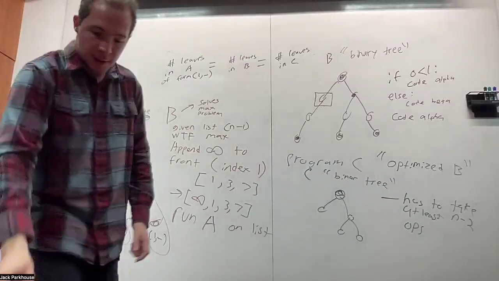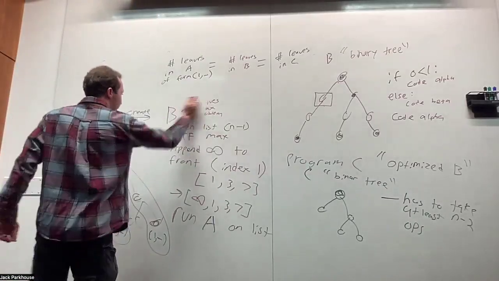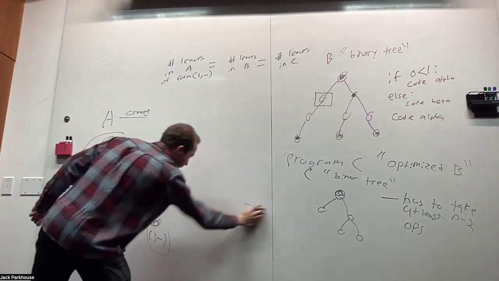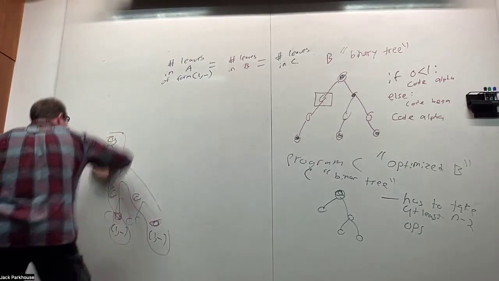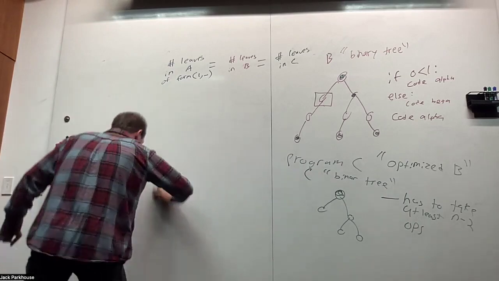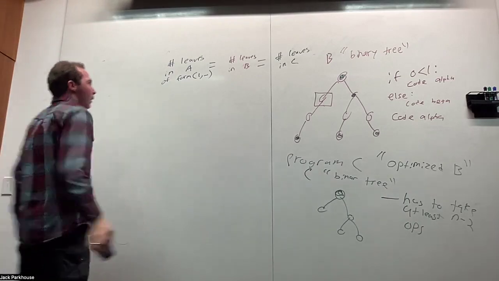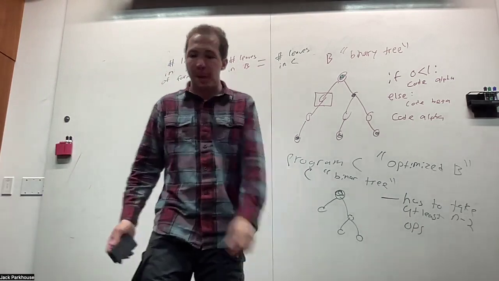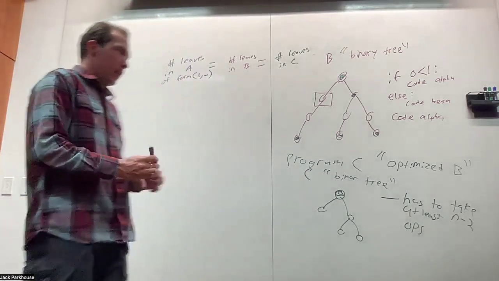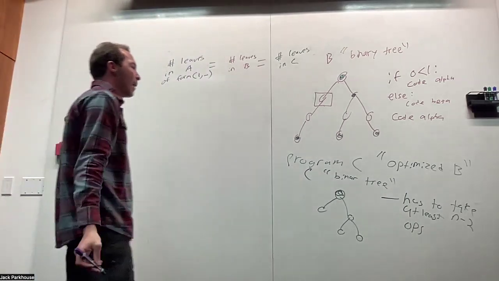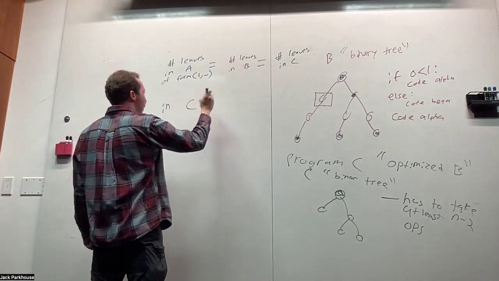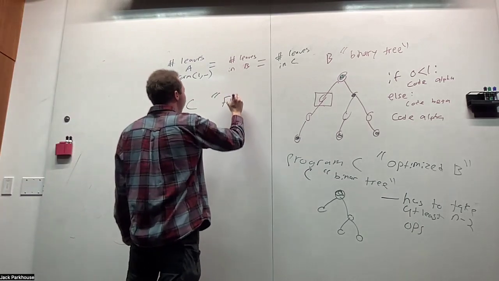Okay. This is all stuff we need to know. But now let's think about C, because remember, C is our optimized version. And what we meant by optimized is that in C, it is a full binary tree.